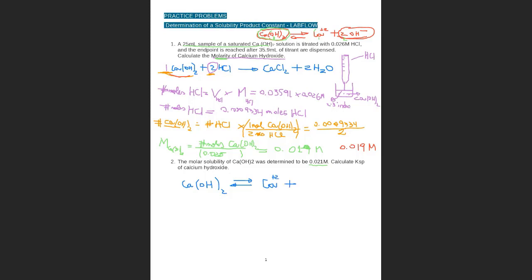How many hydroxides do I have? The subscript is a 2. So it will dissociate into this. This is the first thing. This is a solid. This is aqueous. And this is aqueous.